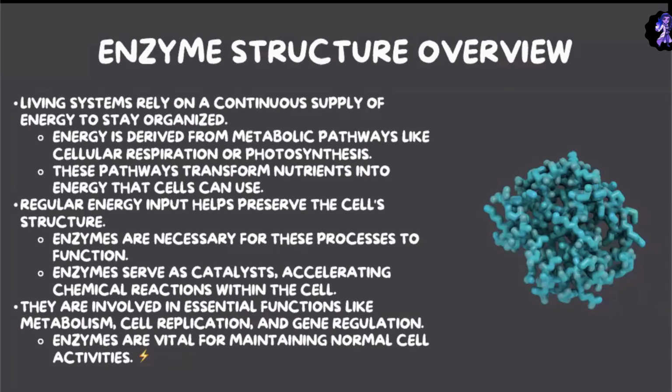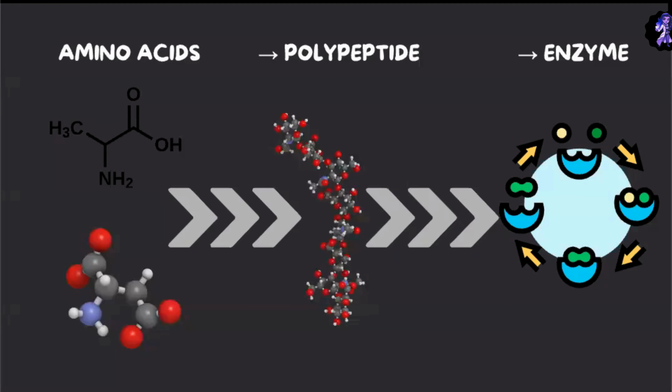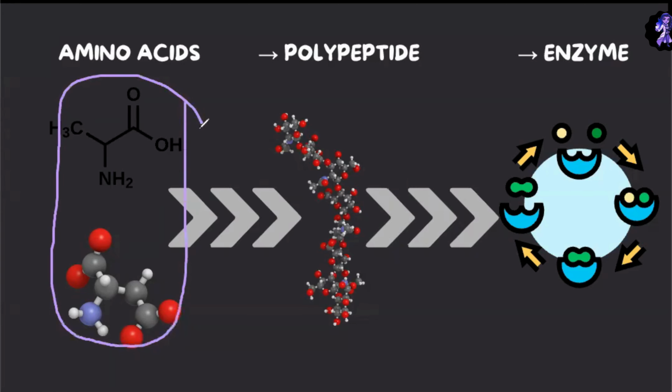Okay, so let's talk about a recap of Unit 1 to really understand where enzymes come from. If you remember, in Unit 1, we talked about amino acids and we talked about macromolecules. And amino acids form eventually polypeptide chains.